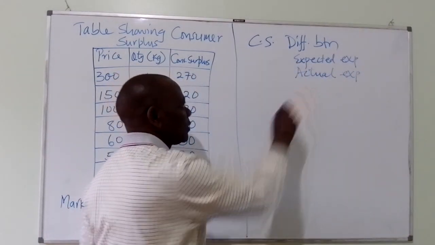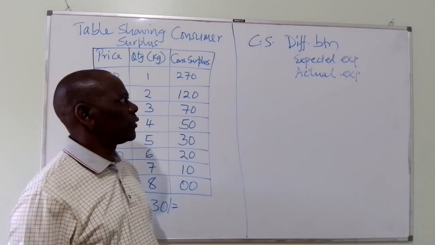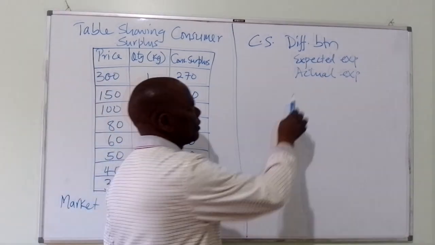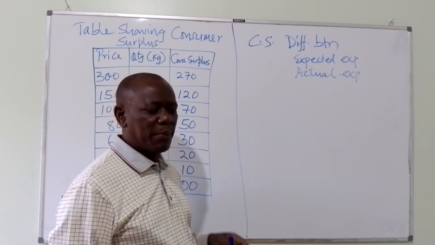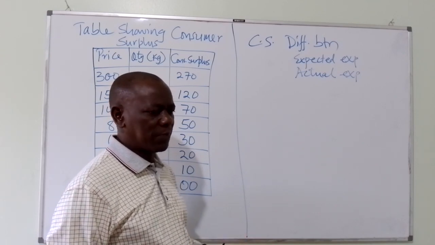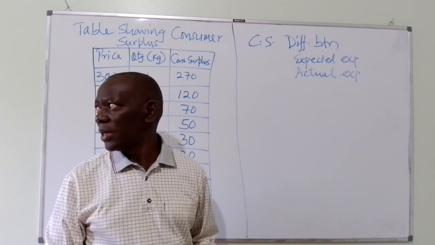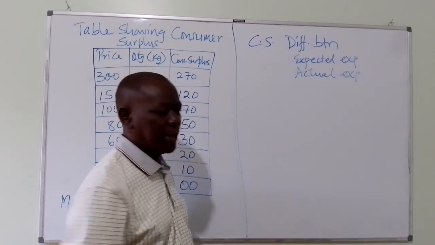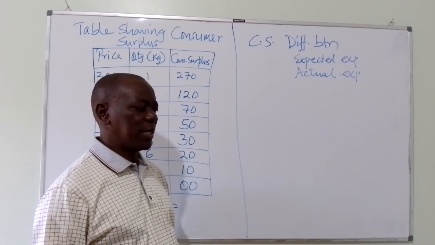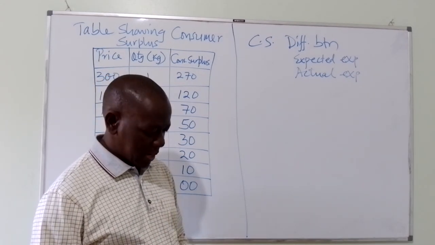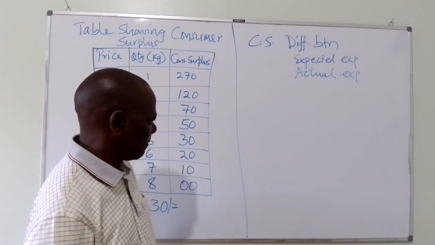Expected expenditure and the actual expenditure. And this one comes in the market price difference. What you expected to pay and what you actually pay. And that comes when the market price is realized to be lower than what you expected to pay.